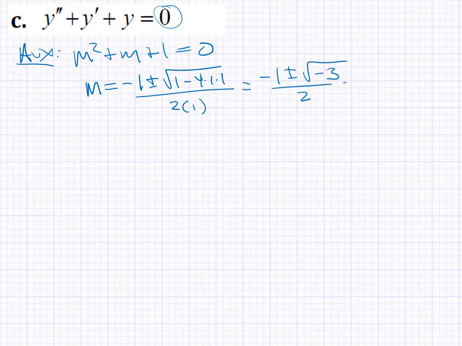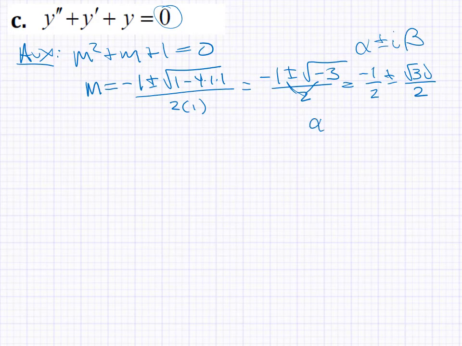I could also write this as negative 1 over 2 plus or minus the square root of negative 3, which would be the square root of 3 i, all over 2. Basically split this up into two fractions. And here you see your alpha plus or minus i beta, where alpha is negative 1/2 and beta is square root of 3 over 2. Okay.